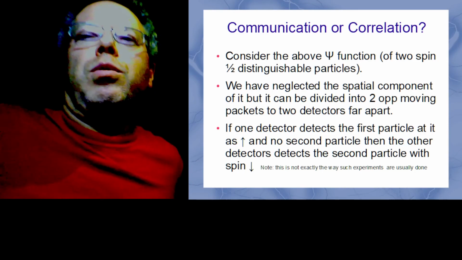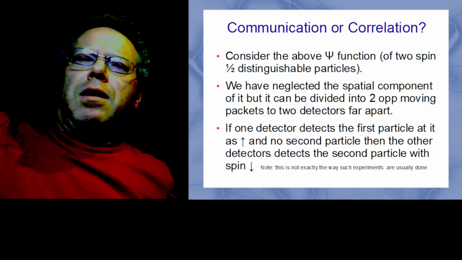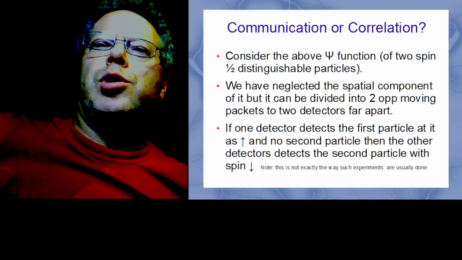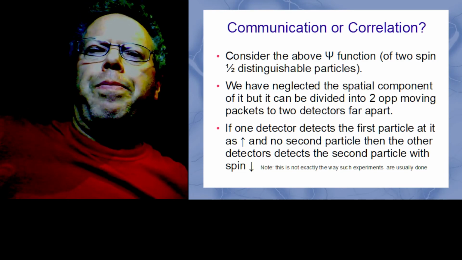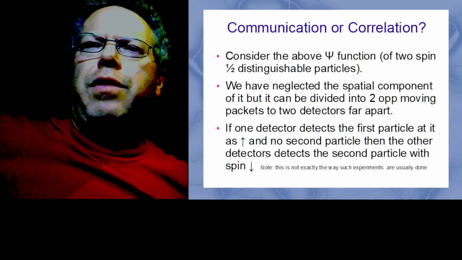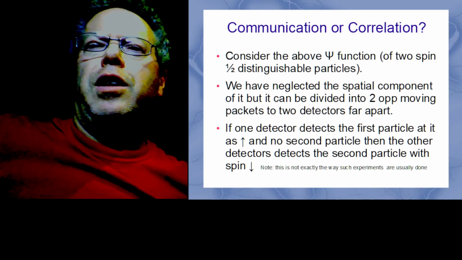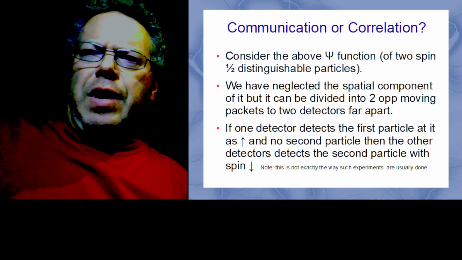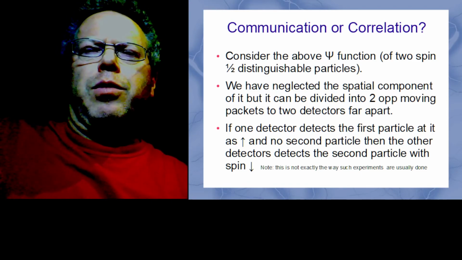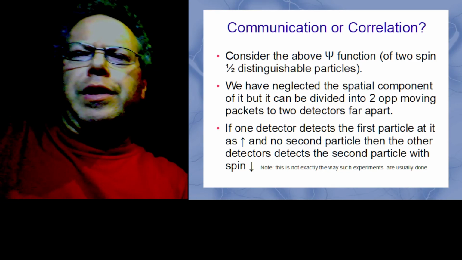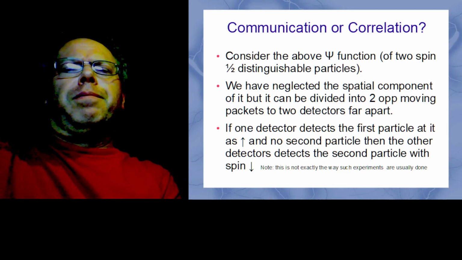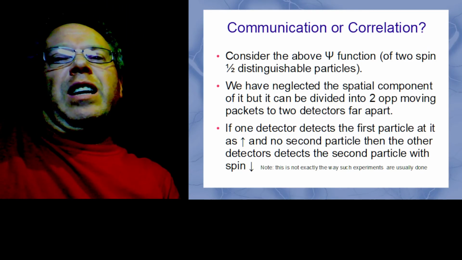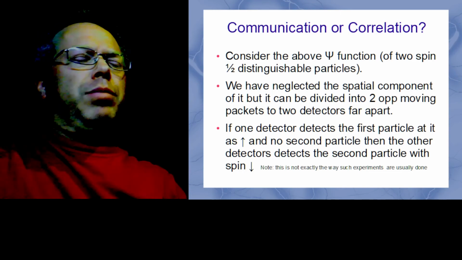Okay, the last point I wanted to make was about this communication and correlation. If we have the above wave function, and we have them move in opposite directions, like we split our packet and have it move in different directions, so there's a spatial component as well as a spin part, then when you get to one place, you measure it.